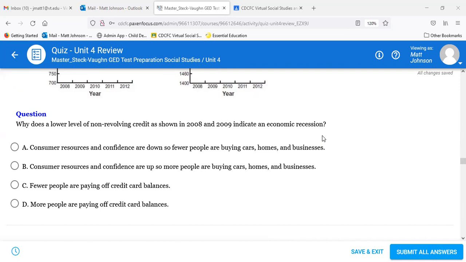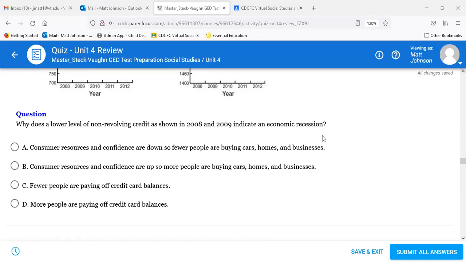B, consumer resources and confidence are up, so more people are buying cars, homes, and businesses. C, fewer people are paying off credit card balances. D, more people are paying off credit card balances. Is it A or C?